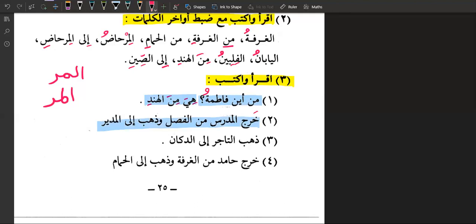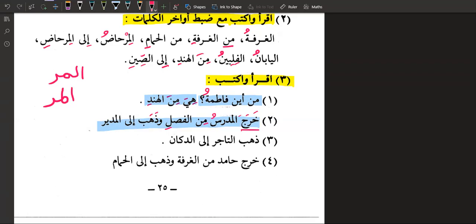ممتاز. So it's خرج المدرس. Okay, so مدرس has a dhamma because there's nothing to change it. These are verbs, not prepositions, so they don't change the words at all.